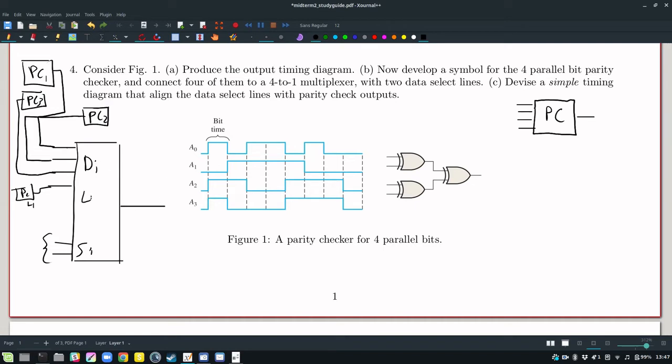So this is our 4 to 1 multiplexer. And so all this parity checking just changes to 1 data line.